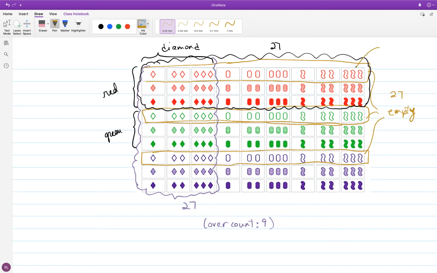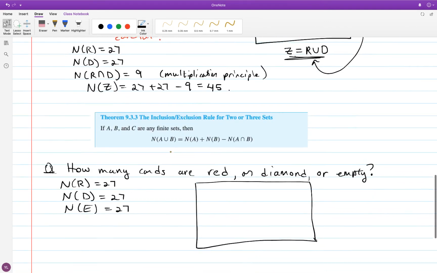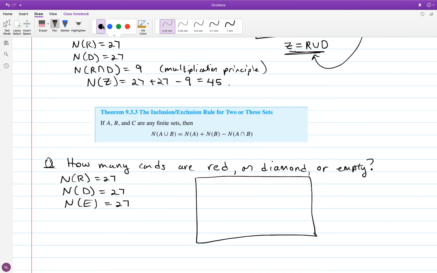So I'm going to go back to the Venn diagram in a second to help, but the idea is that sometimes we have overcounted a certain type of card just twice, and sometimes we have overcounted a type of card 3 times, namely the empty diamond red cards in the far upper left. So actually the Venn diagram is probably the best place to do this now.